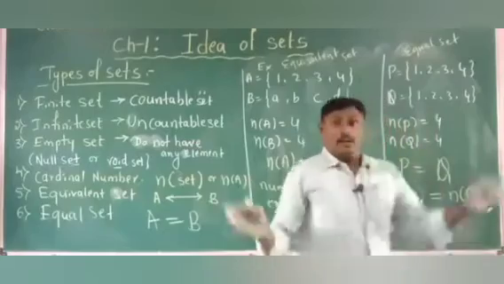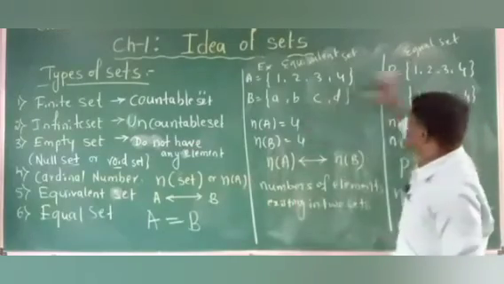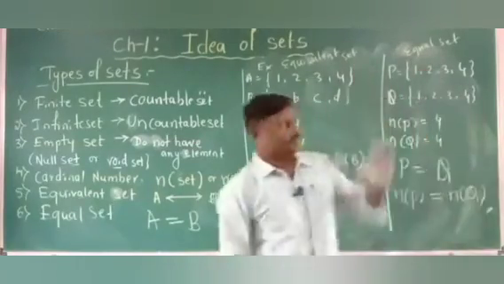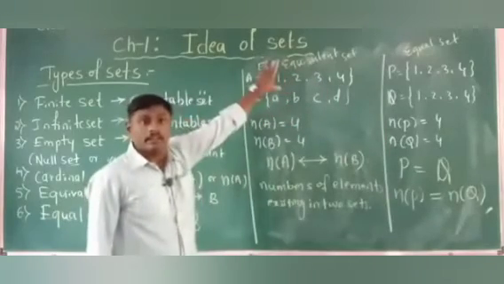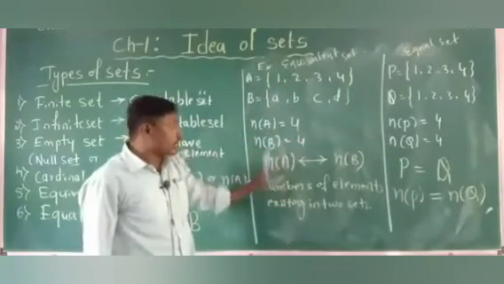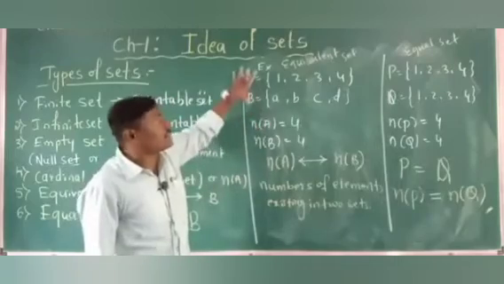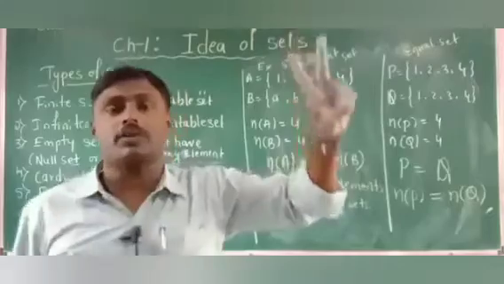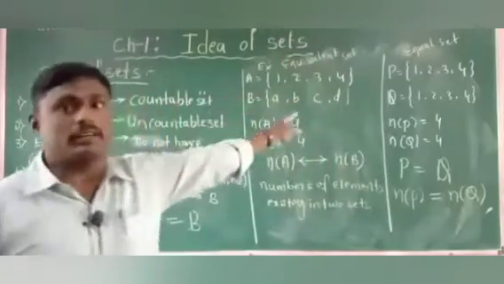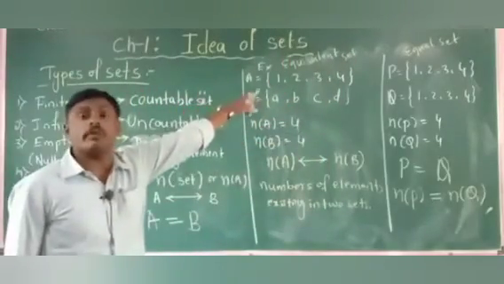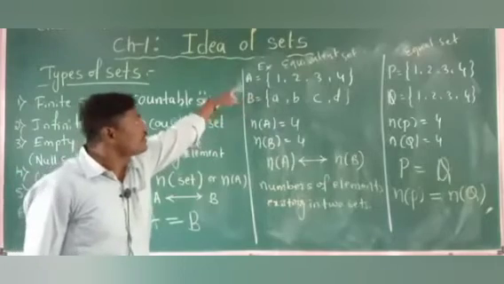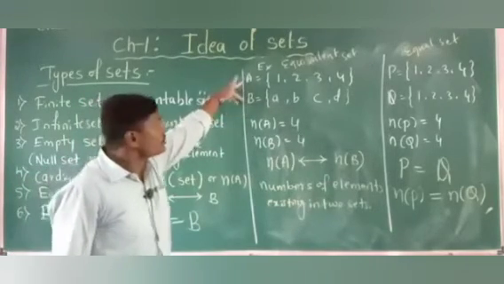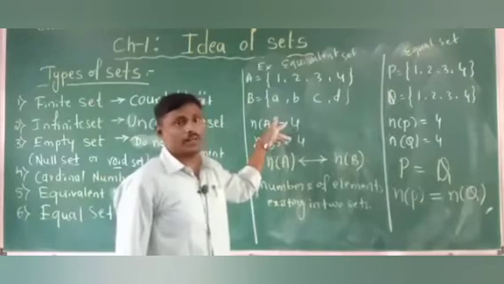So this is the main difference. Just observe the differences between equal set and equivalent set. In equivalent set we are concentrating only on the number of elements existing in two sets. If two sets having equal number of elements, then that two sets are called as an equivalent set. In set A and set B, these two sets are having 4 elements only.